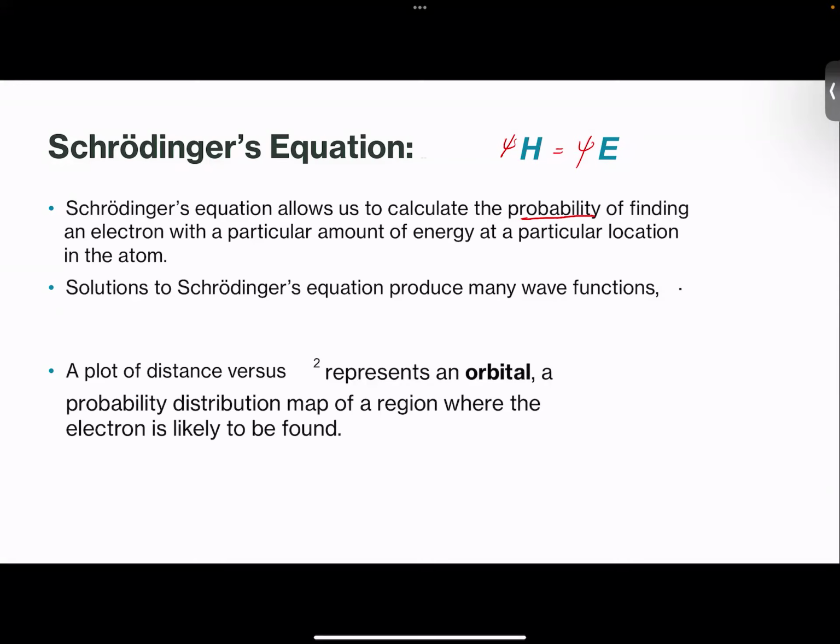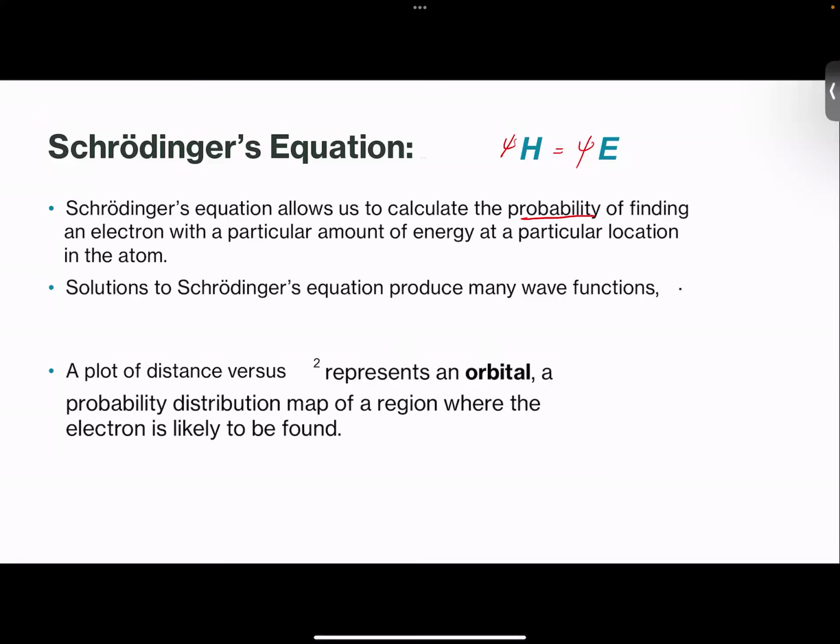Solutions to the Schrodinger equation produce many wave functions. And basically, folks, it's not so bad to solve the Schrodinger equation for a hydrogen atom. But once you start getting into electron-electron repulsions, multiple proton-electron attractions, it gets complicated fast.